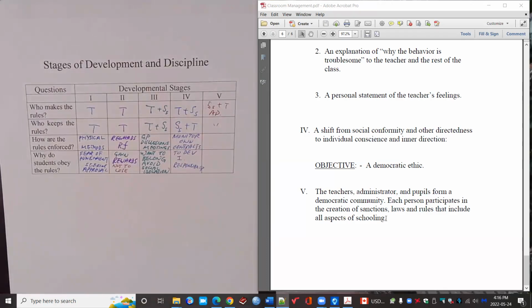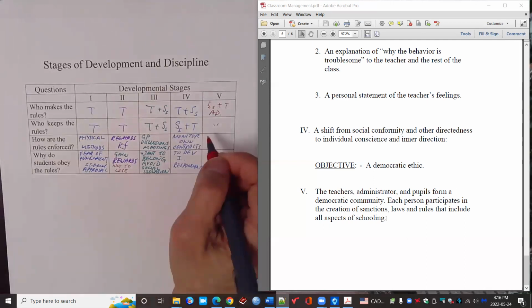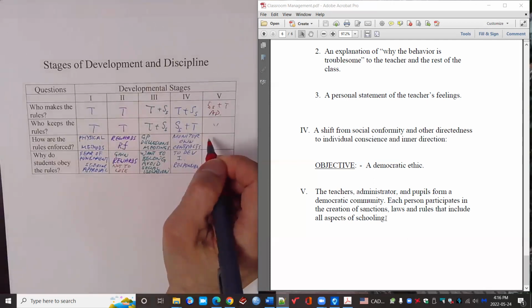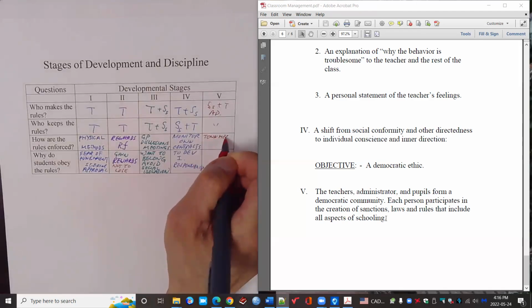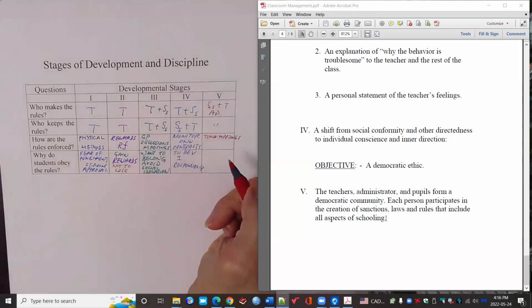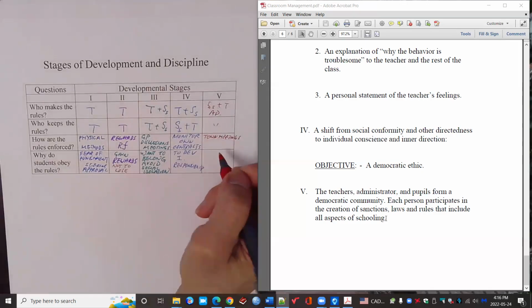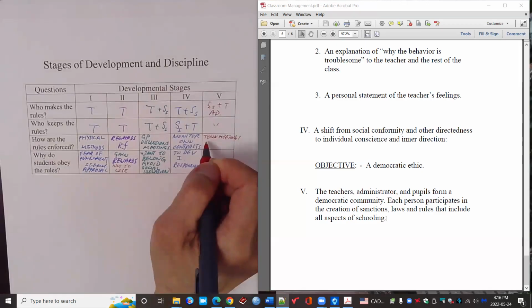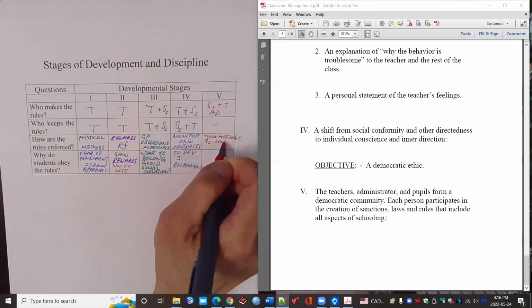And then how are the rules enforced? Of course, in this case here, town meeting, town hall meeting. Okay, town meetings. And of course, because of the majority, students controlled.